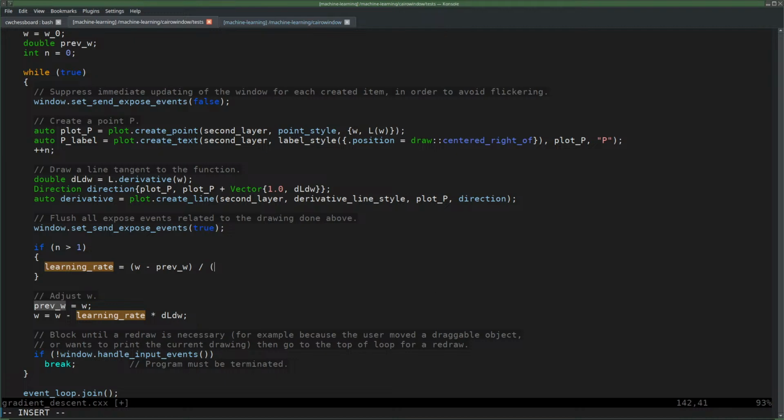The derivative values. The other way around. Previous W.